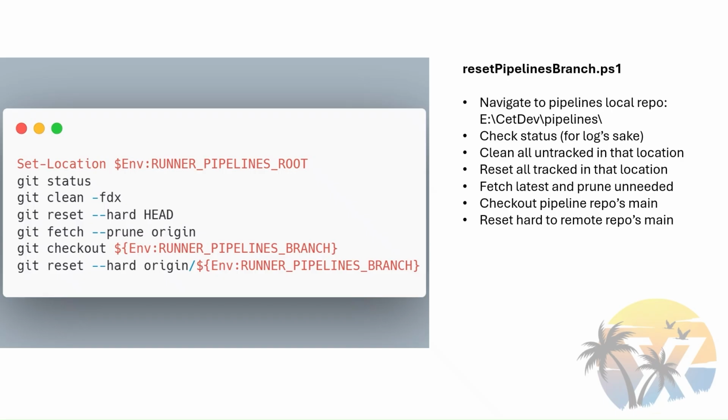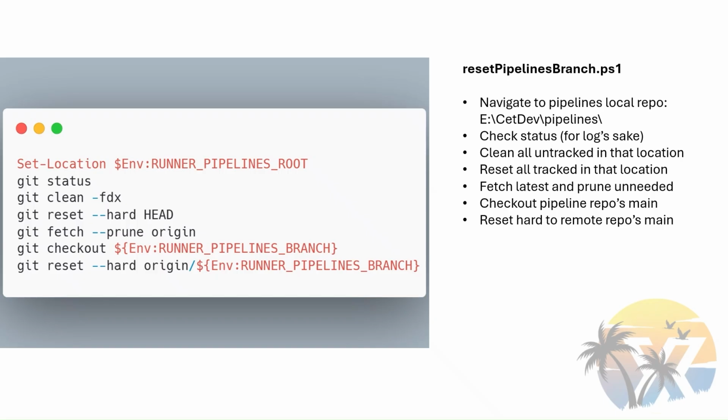Now check the status. I just do that so that it's in the log file so I can review later if anything goes wrong. Clean all untracked files in that location. Reset all tracked files in that location. Fetch the latest and prune any unneeded information from the Git workspace.